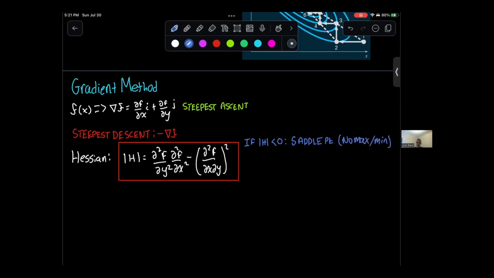You're kind of at a stagnant point where if you were to have maybe a piece of paper turned in a way that there's no real minimum or maximum. You're kind of just at an inflection point almost.